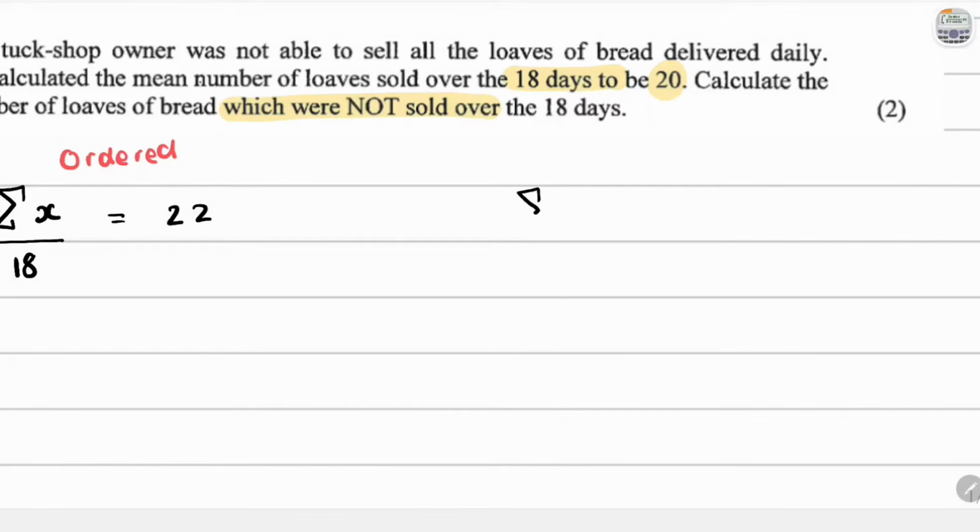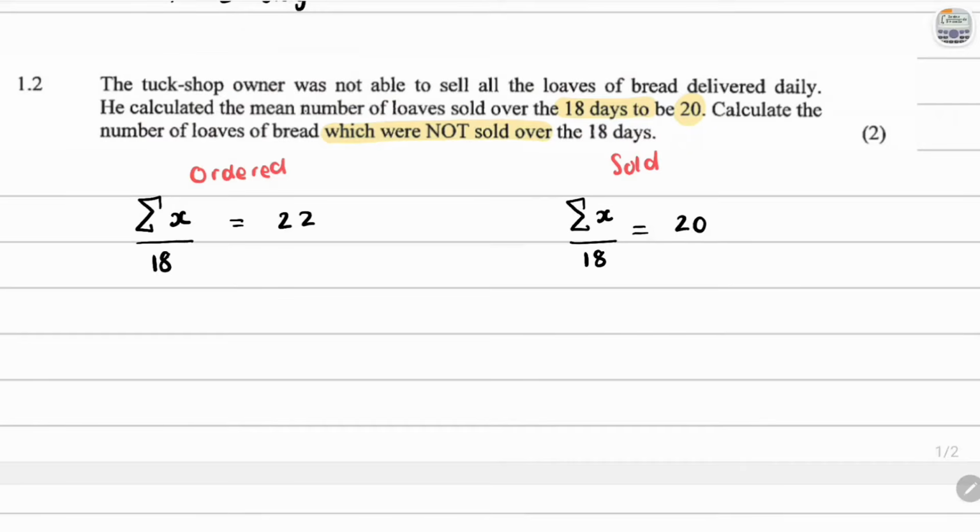So he added up all the loaves again, and when he calculated the average of the ones sold, it was exactly 20. So to find the ones which were not sold, we take the total ordered minus the total sold, and that will give us the ones that were left over.